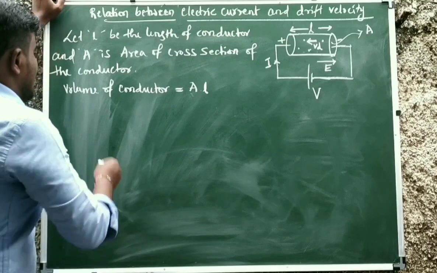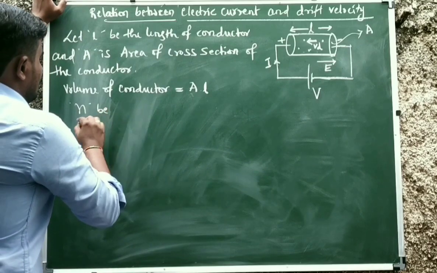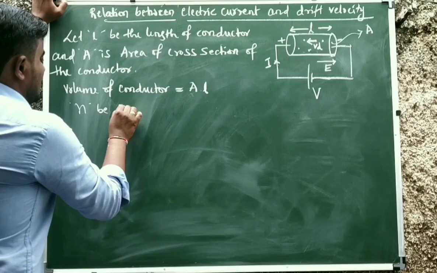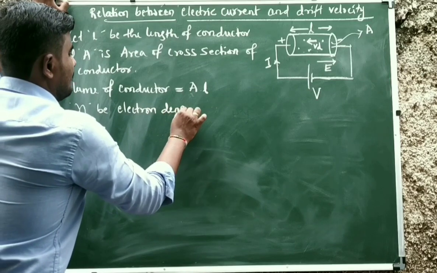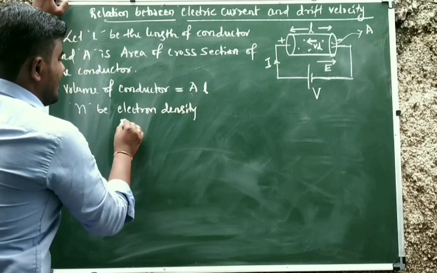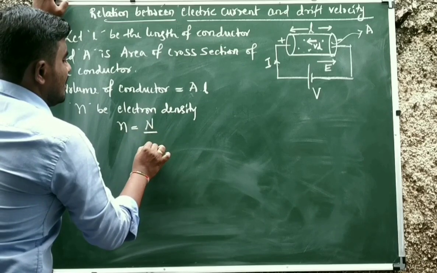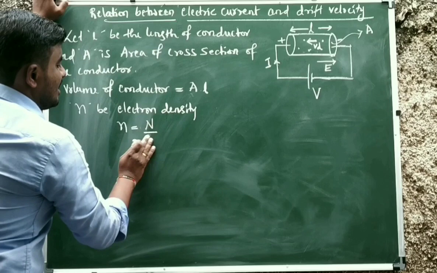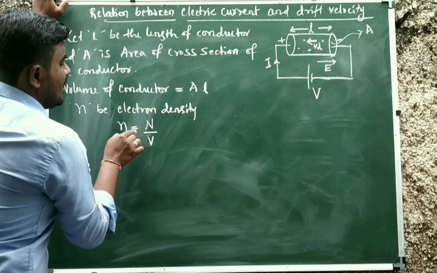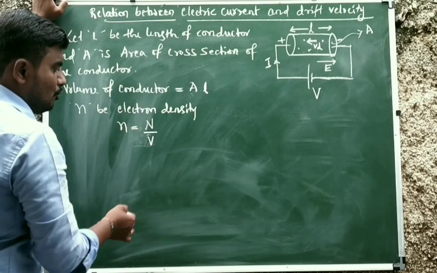Okay, and let n be the electron density. Electron density I can write as n is equal to capital N divided by V, where capital N is the total number of electrons and V is the total volume.